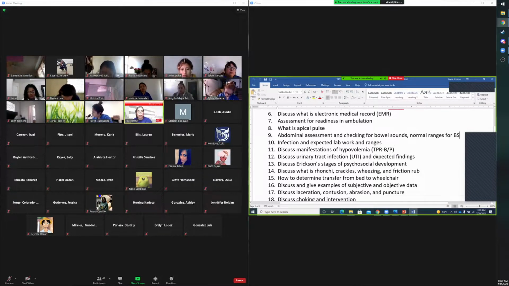Okay, so abdominal assessment, checking for bowel sounds, normal range. So you have to know all this. So what is the sequence of checking your abdomen? Remember, there's 4 kinds that you can assess. Not the quadrants, my dear.